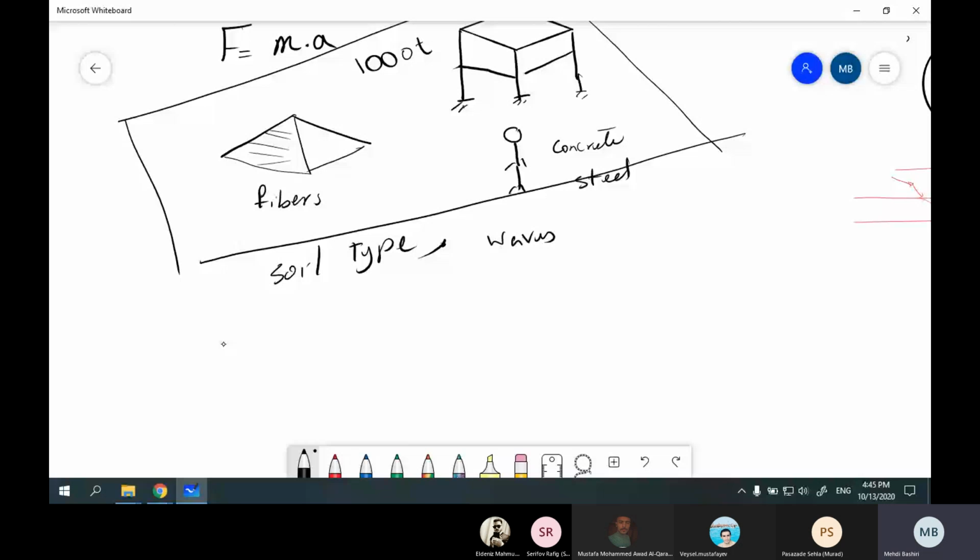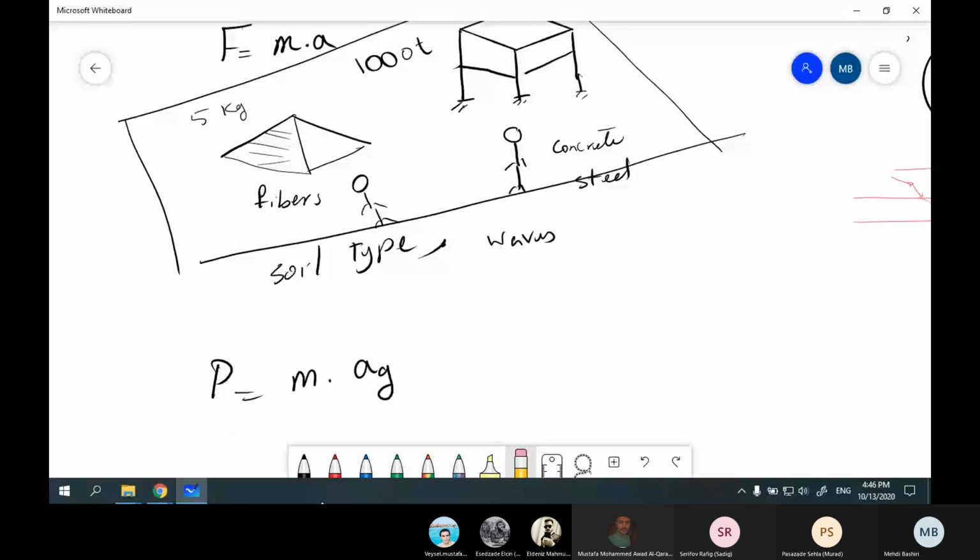The earthquake force P or F is equal to m times a_g. And because the acceleration is not a constant thing, it varies with time, we show it like this. We can't say, for example, that the ground acceleration is 3 centimeters per second squared, because it varies with time.